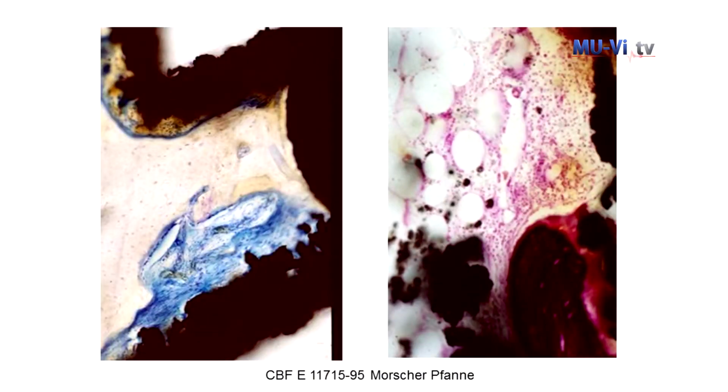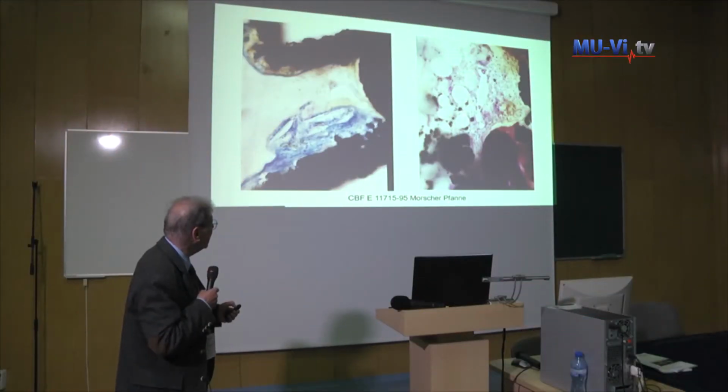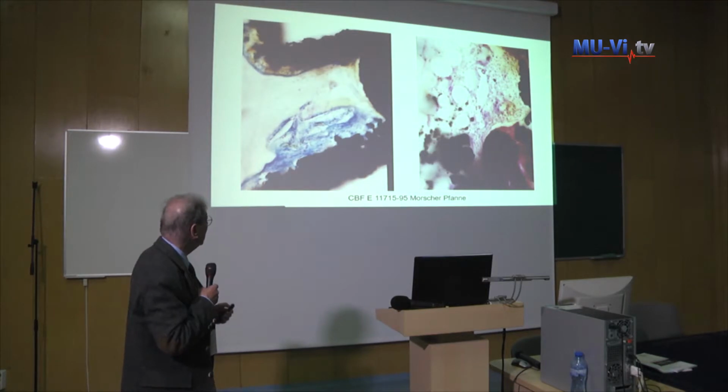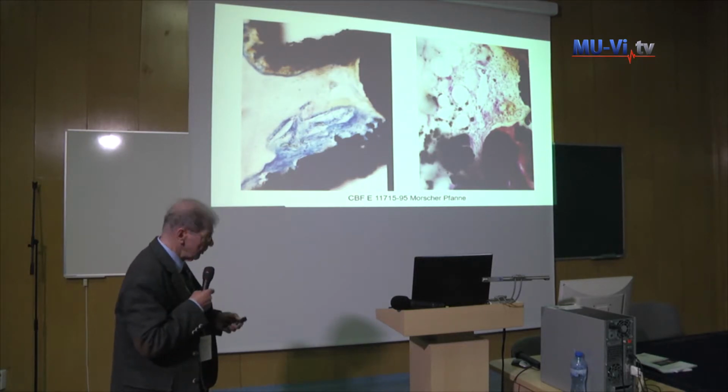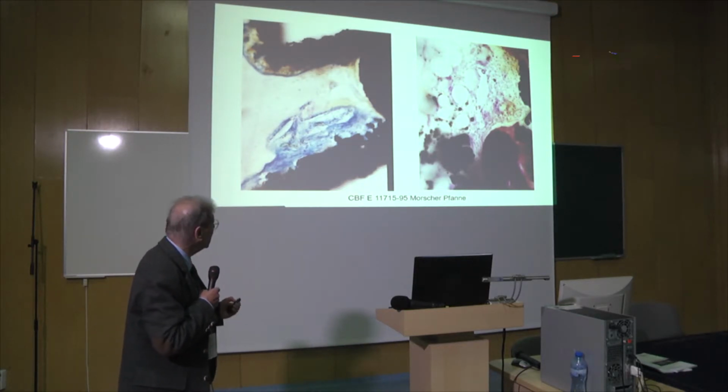And here you see, of course, these particles in the neighborhood of this implant. On the other side, if there are no particles, there may be bone in contact to this titanium surface.